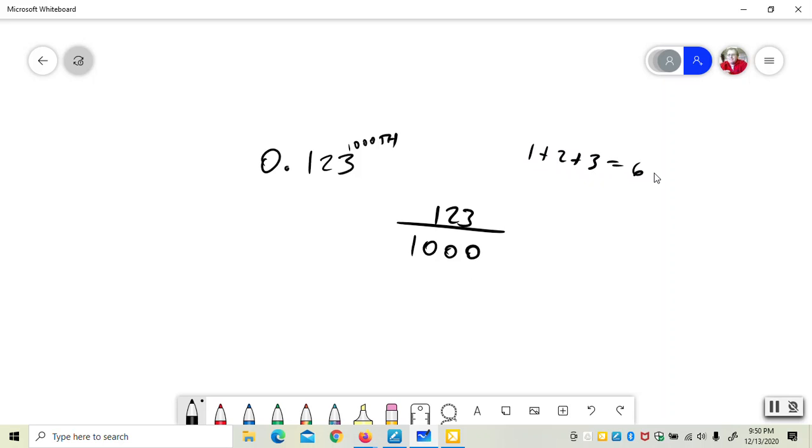And if you remember your divisibility rules, and I've got a video of those up on my YouTube also, if the sum of the digits is divisible by 3, the number is divisible by 3. So 123 is divisible by 3. Unfortunately, 1,000 isn't. So you can't do that. 1,000 is divided by 5, and 20, and 25, and 10, none of which go there. So you just stop, leave it alone. That can't be reduced. That's it.